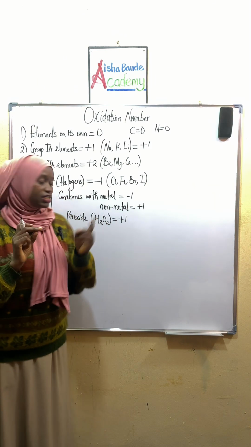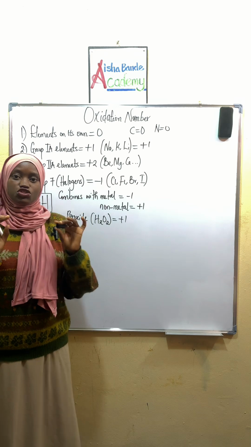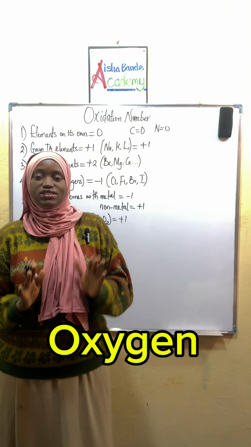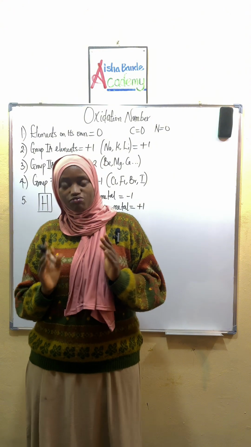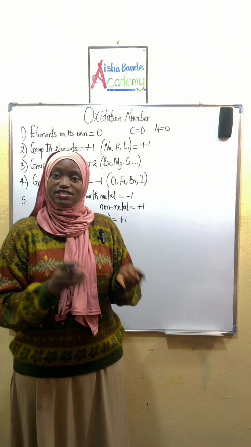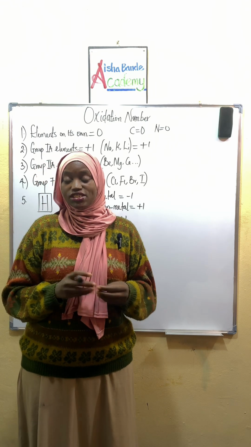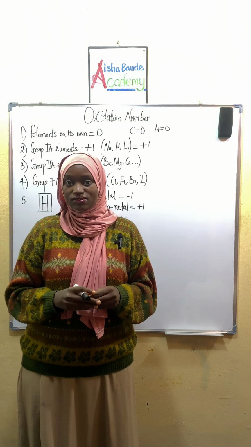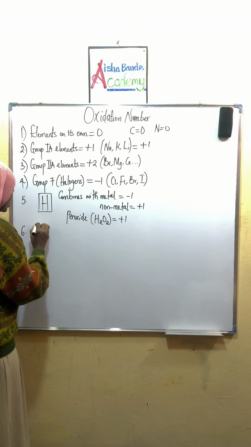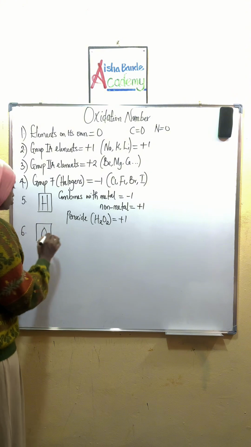So moving on to the 6th rule. The 6th rule is concerned with oxygen. Usually, oxygen has an oxidation number of -2. But when oxygen exists as a peroxide, its oxidation number is -1. So let's put this into writing. Rule number 6 has to do with oxygen.